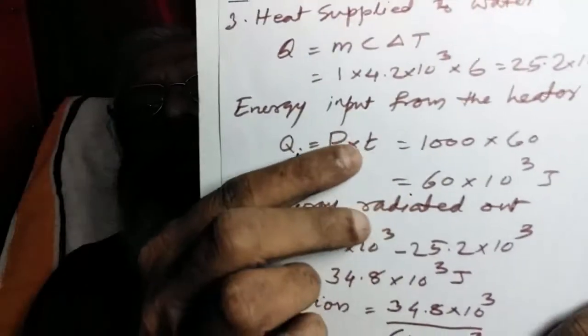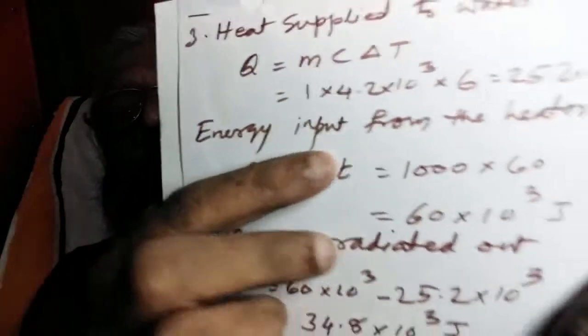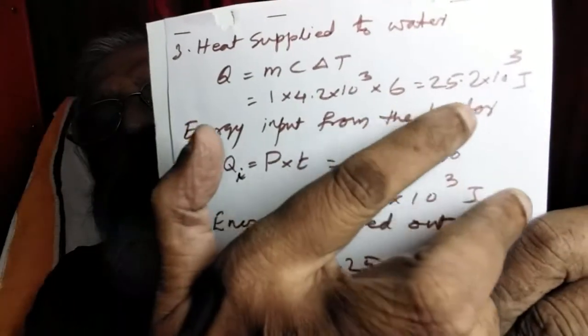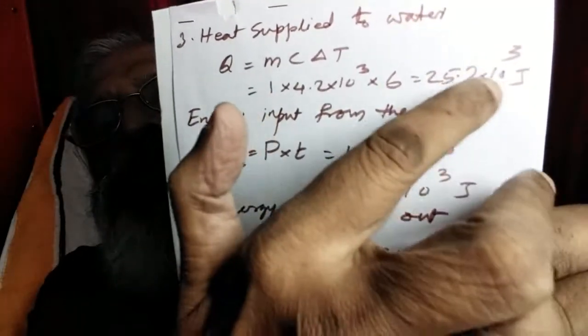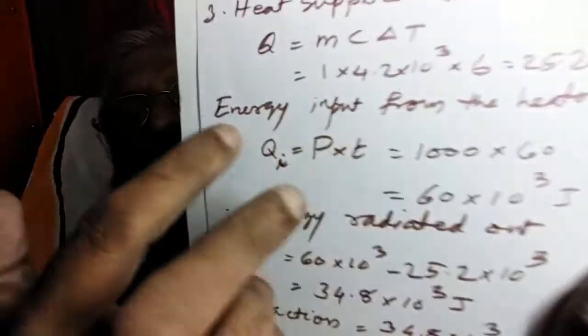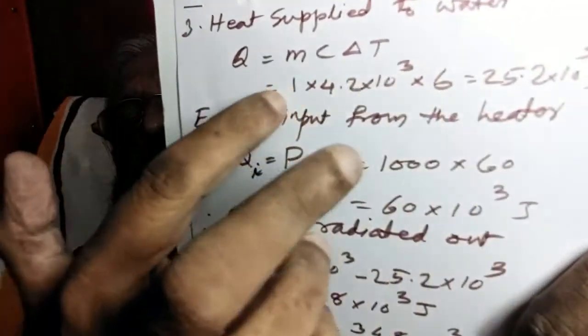Change in temperature 6 degrees Celsius means in Kelvin also the difference will be 6 Kelvin. When you take difference in temperature, you can use Kelvin or Celsius without changing the number. So this is heat, and the answer is 25.2 into 10 raised to 3 joule. This is the heat absorbed by water.